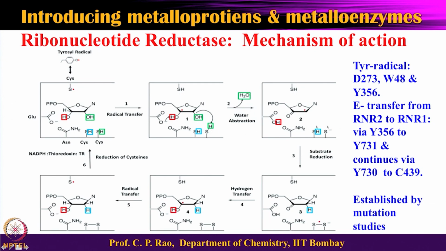So, the water is lost, and now the radical is generated at this 2 prime position, and this 2 prime radical will pick up the hydrogen radical and make the C2 prime H. So, now C2 prime has got a hydrogen, that means deoxy, and that results in the partial oxidation of the disulfhydryl functions or dicysteine, and this will transfer one more electron, and therefore, it becomes a disulfide.